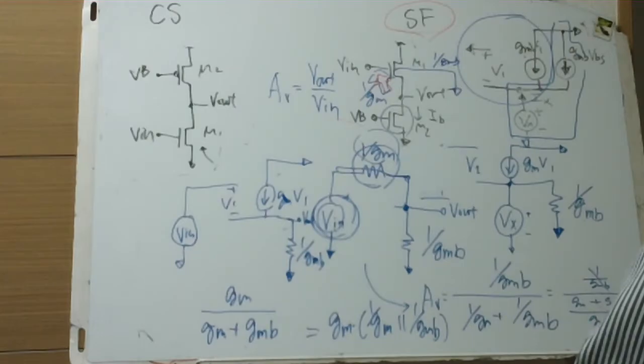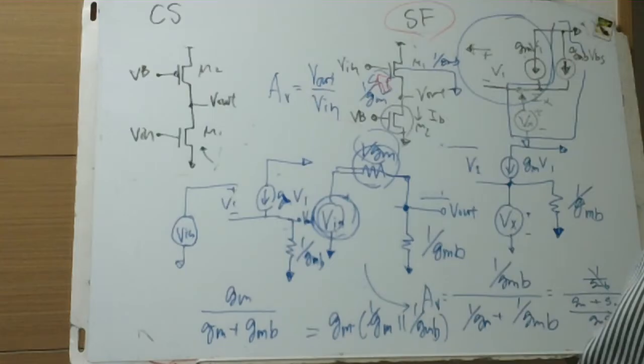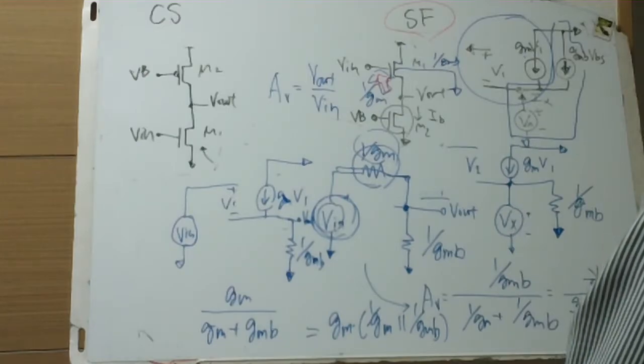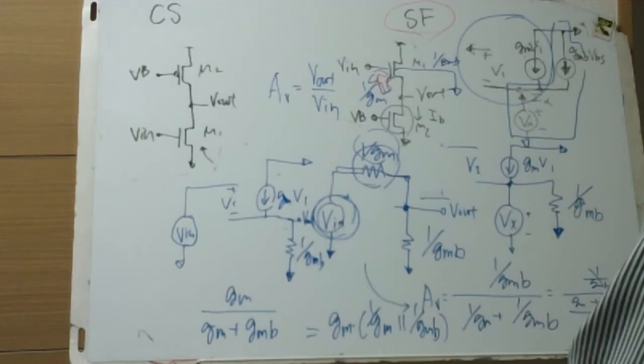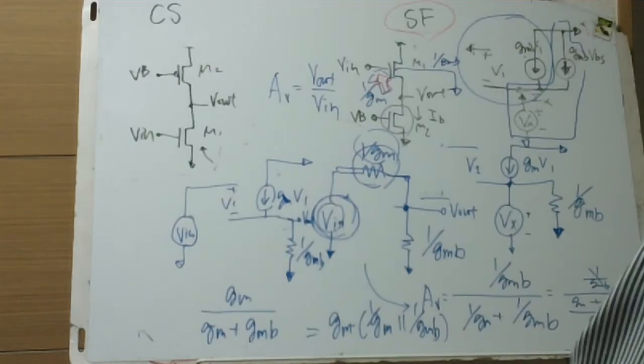So V1 does not equal V in in a small signal sense. Just a confirmation: V1 does not equal V in also in a small signal sense, because V out moves.